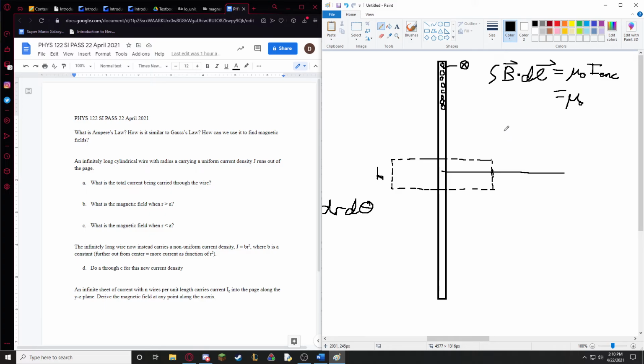If we have n wires per unit length, what's our total length inside our loop? h, exactly. Then we multiply by the current in each wire. So it's mu naught n h I naught, where I naught is the current in each wire.